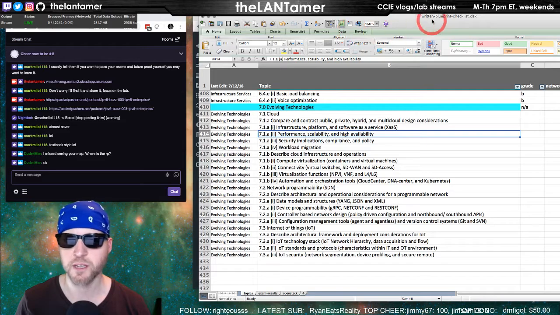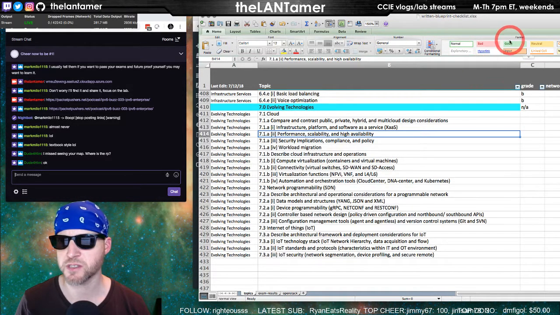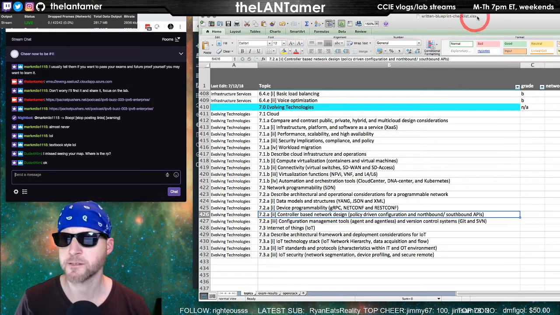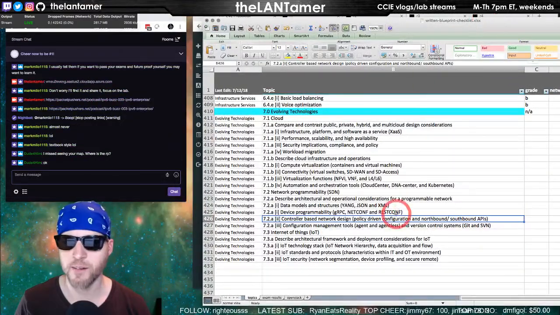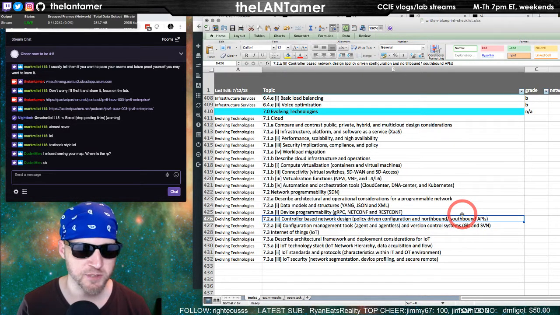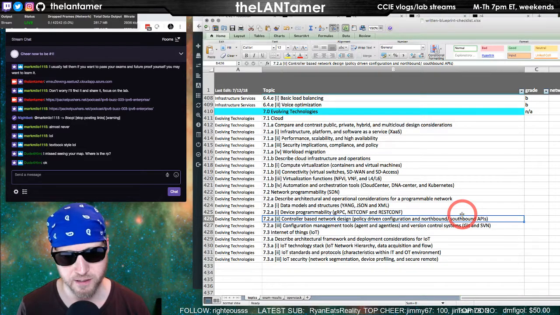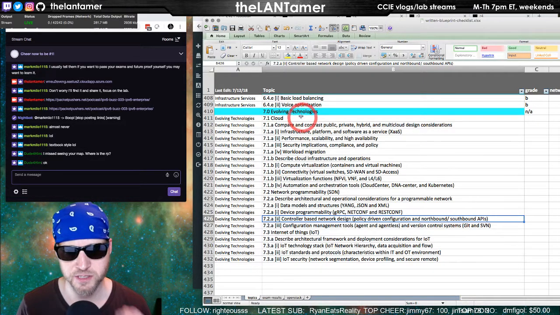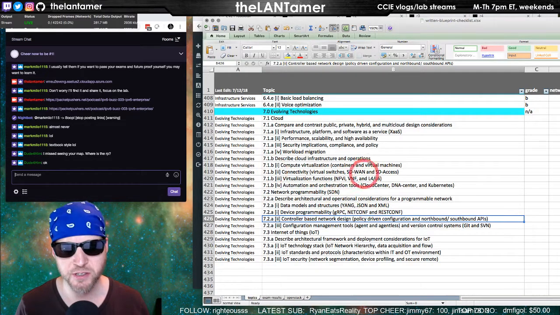So what I did is I shared this link with Dude for Him. Now, before, this was all I had. I didn't have really anything. I would have an item in the blueprint and that was it. There was no official guide for evolving technologies, right? And this is the new 1.1.